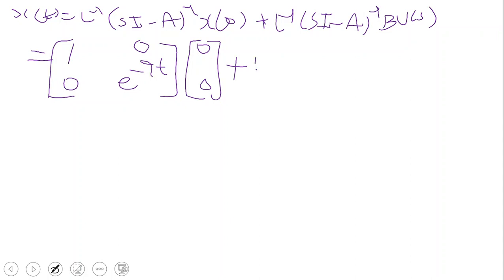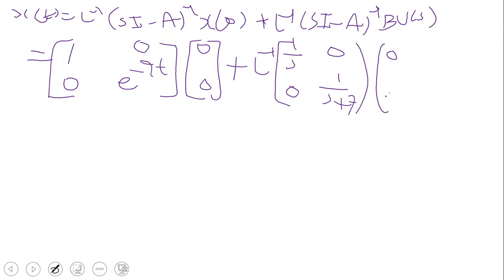Then L inverse of (sI minus A) inverse, 1 by s, 0 0, 1 by s plus 9, into B. What is B? 0 45, into U of s, unit step 1 by s.